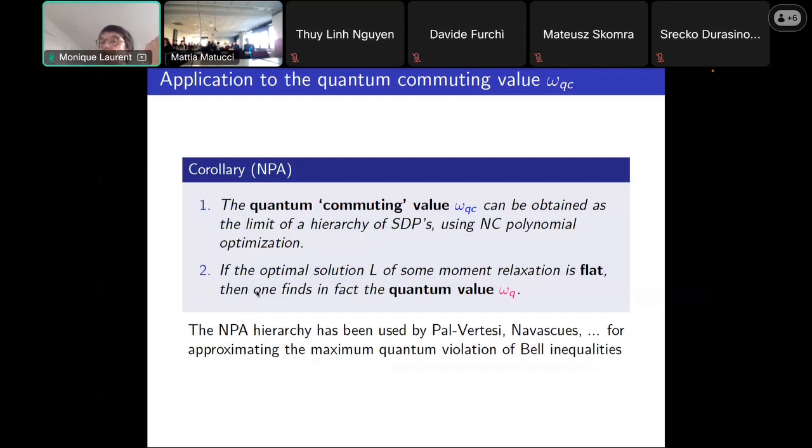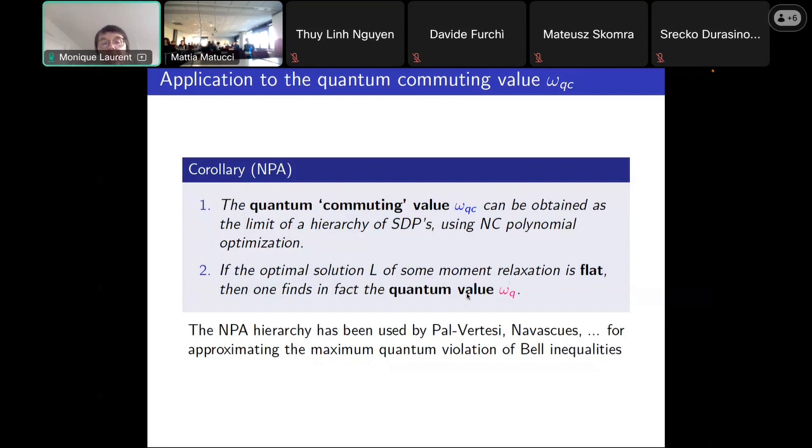And this solution is finite dimensional, and then one finds not only the quantum commuting value, but one recovers the quantum value. So in general, the quantum value is below the quantum commuting value, but if one finds a flat optimal solution, then actually the quantum value is found.